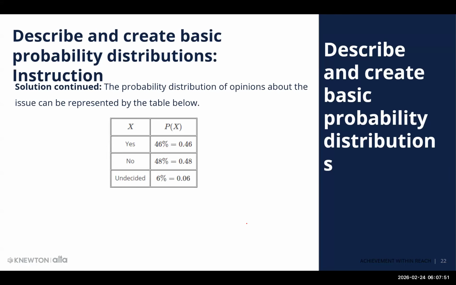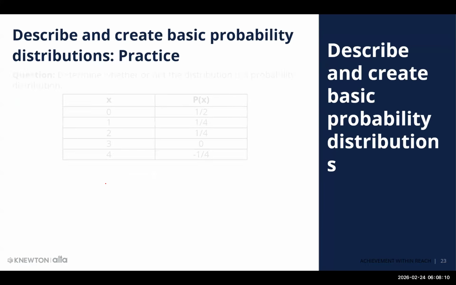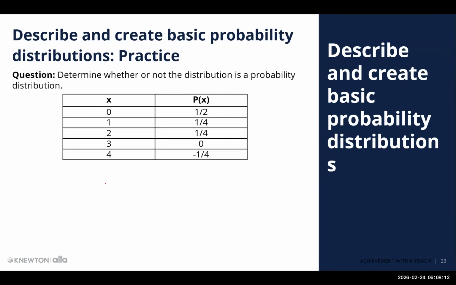You could use dummy variables and make this a 0, a 1, and I suppose a 2 here, if you want to turn it into a numerical variable.